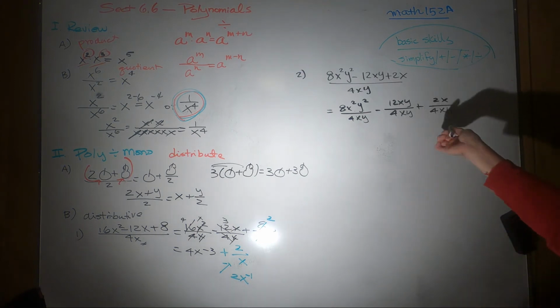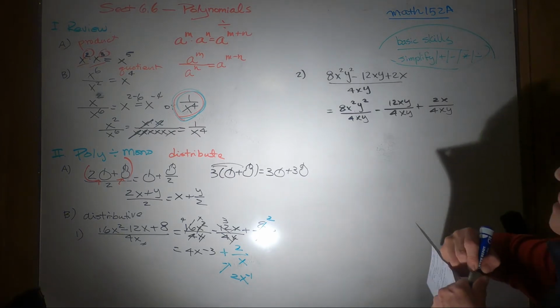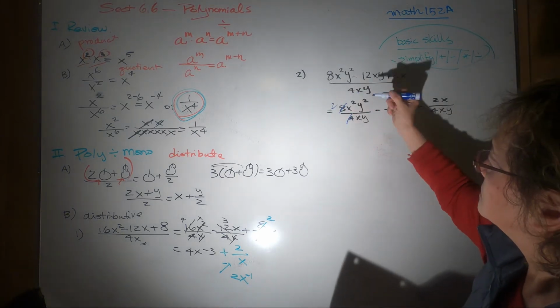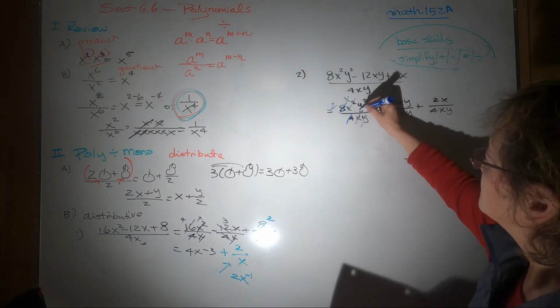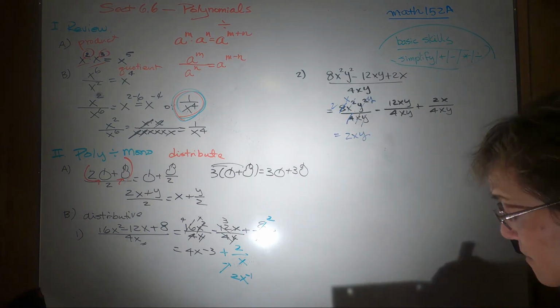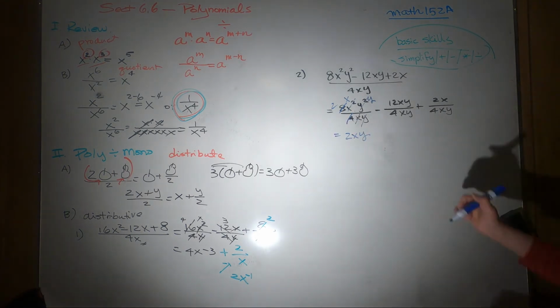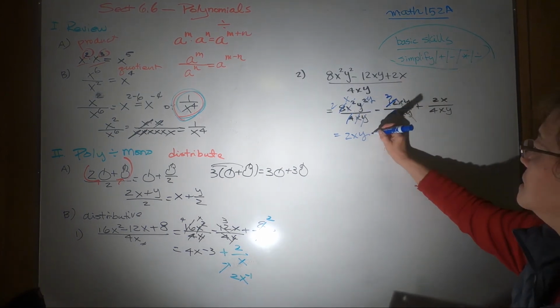Now it's a mono to mono, and you should be able to simplify them, right? So this 1, 2, then x2 and 1, get 1 left and 1 left. So you have 2xy for the first term, right? Then second one, 3x, x, y cancel, minus 3.